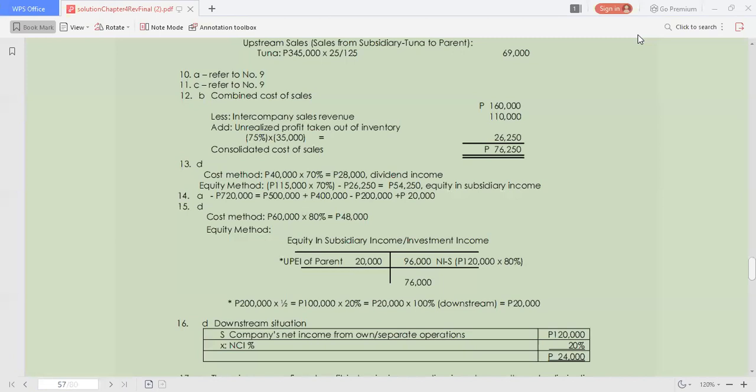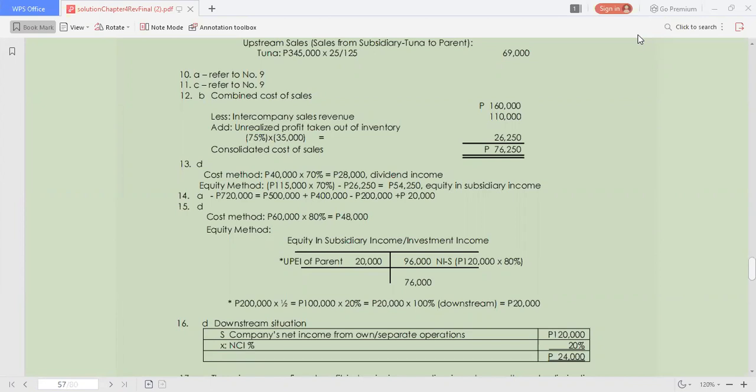Then we deduct the intercompany sales revenue at the transfer price of 110,000, and we add the unrealized profit taken out of inventory. The unrealized profit is equal to 75% of 35,000, which gives us 26,250. So take note that we are deducting 110,000 from the combined cost of sales and adding the unrealized profit taken out of inventory.